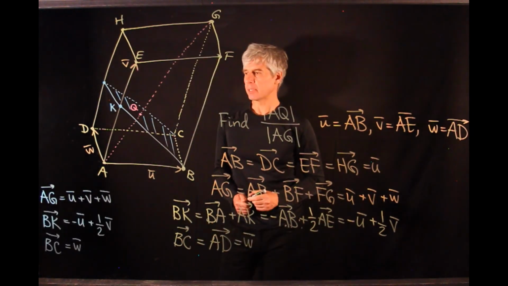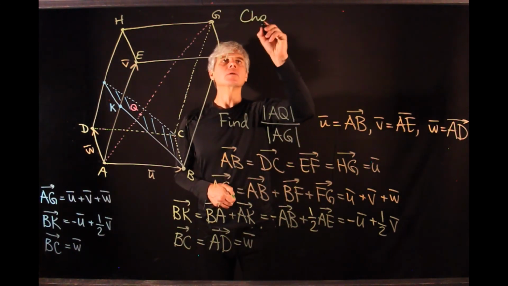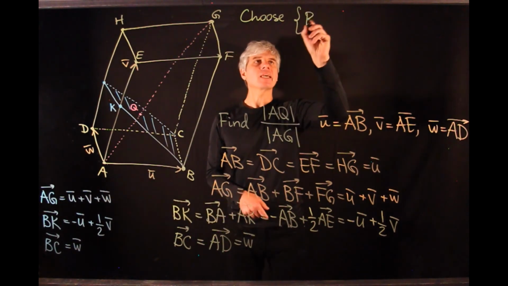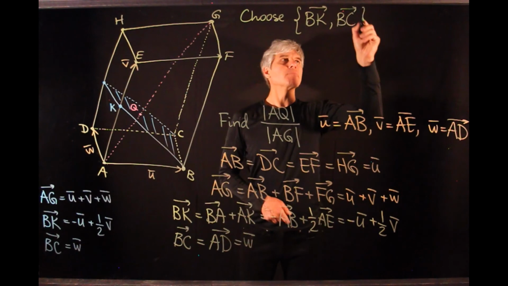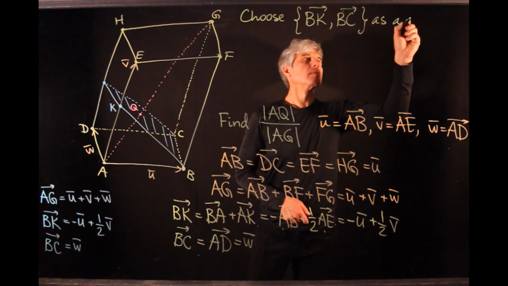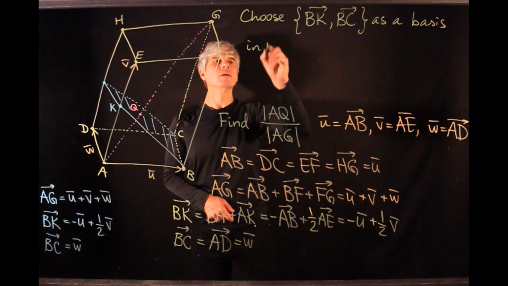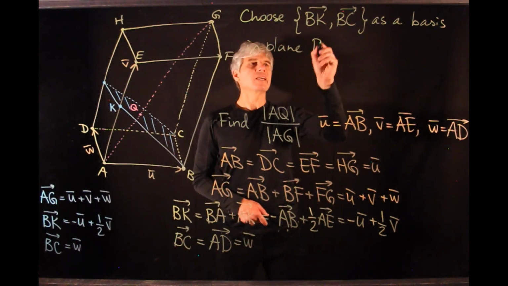For the next step, we restrict our attention to the plane BCK. And we choose this pair of vectors that we have here, BK and BC, as a basis in plane BCK.